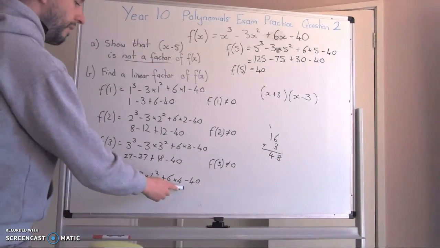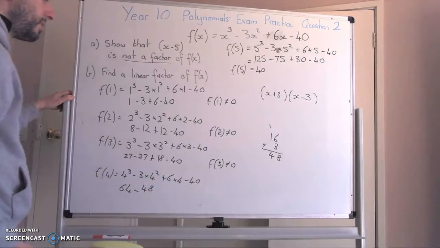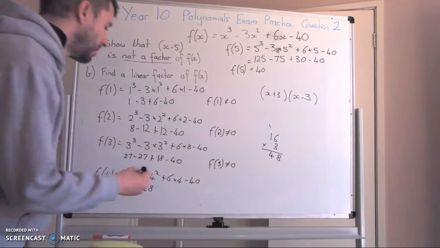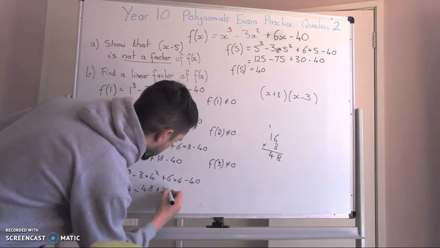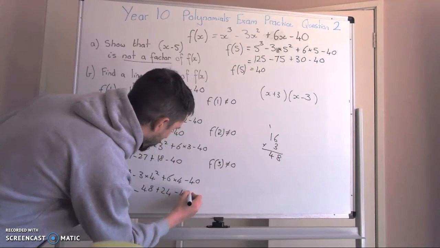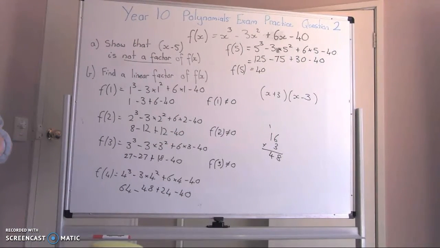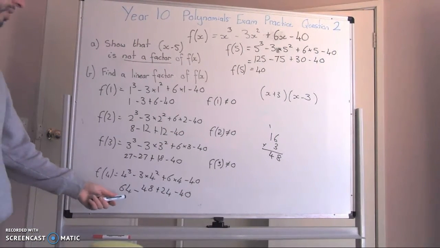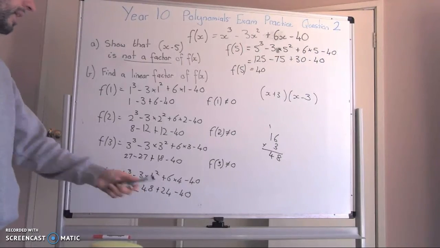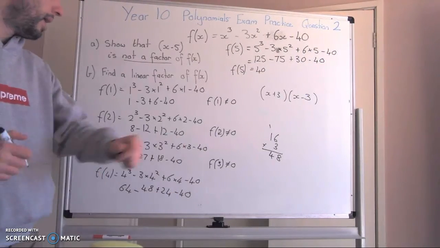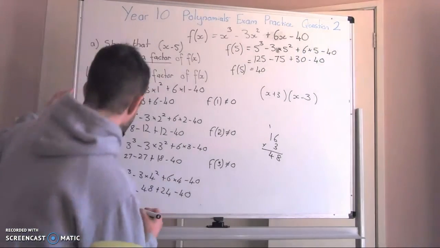Then I've got 4 times 6 is 6, 12, 18, 24. Minus 40. So, if I go 64 take away 48 plus 24 minus 40, it equals 0.